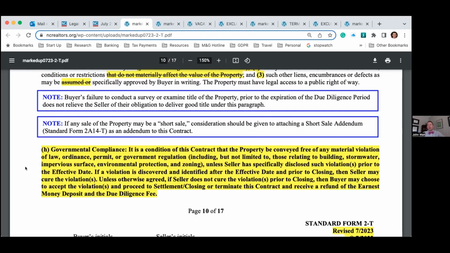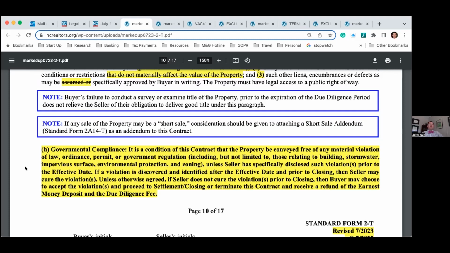And from what I can gather, they're still pretty high, in most markets anyway. Some markets I think have calmed down a little bit. Well, what that did is it put the buyer in some very unfair situations if there was an issue of governmental compliance that was discovered.